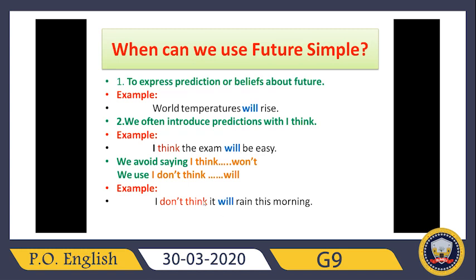Or in this sentence, there is nothing, so I can say world temperatures won't rise. But here, there is I think, so I say I don't think and don't touch will. Okay? If I have I think, then I put I don't think. If there is no I think, then it will be won't. Okay? If I say that something will not happen.